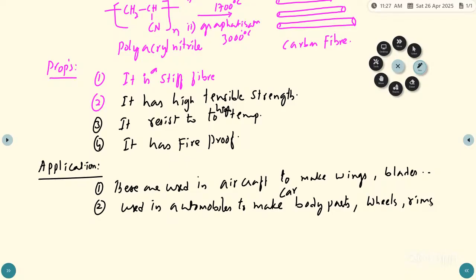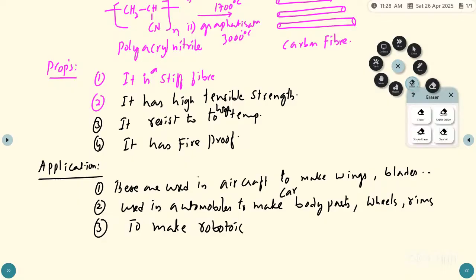Okay, car body parts, wheels and rims. And next, to make robotic arms.